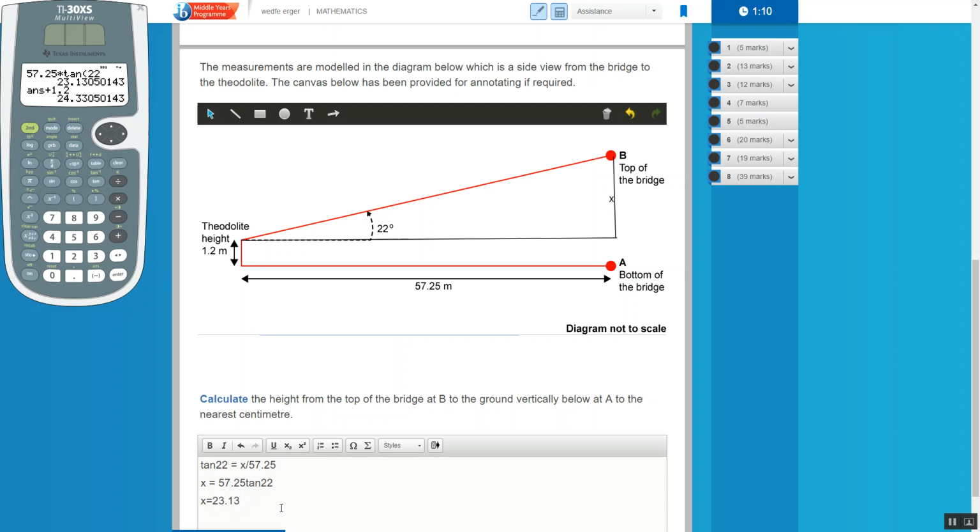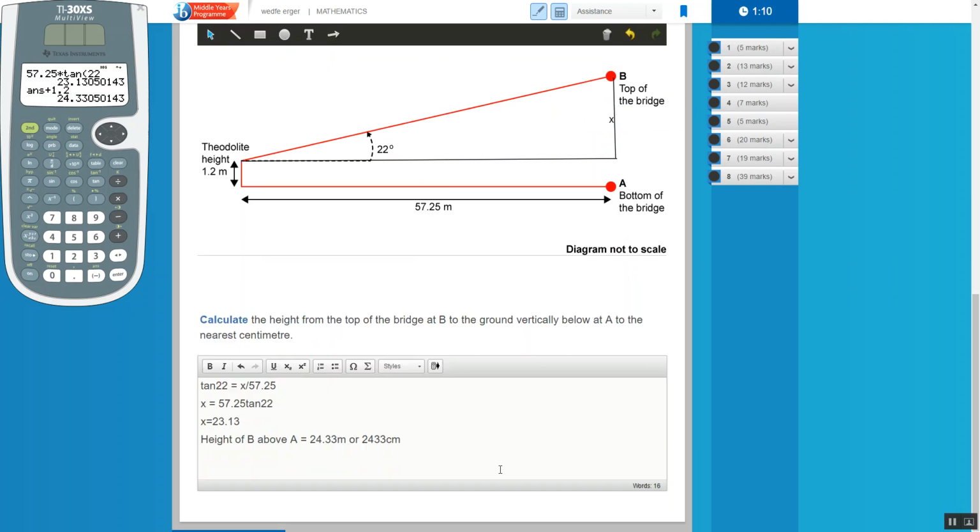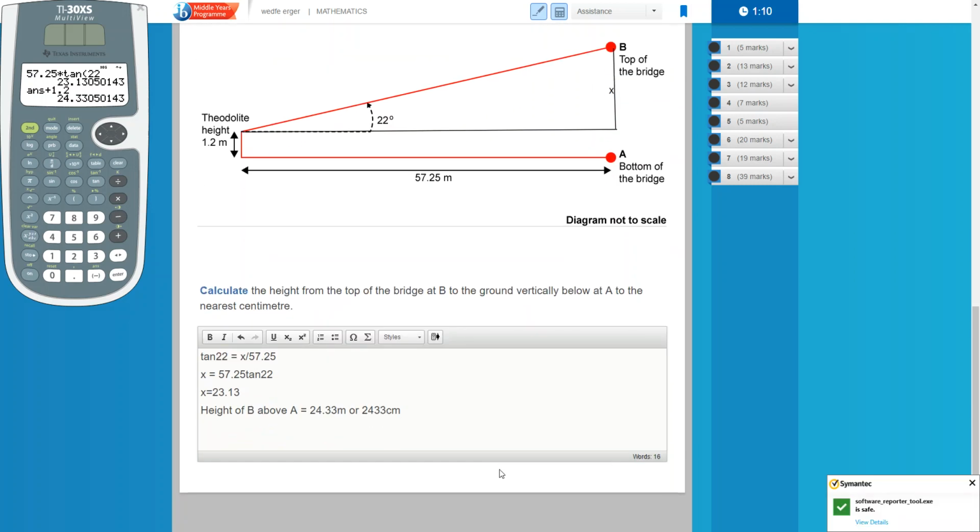So we get a height of E above the height is equal to 24.33 meters, or the nearest centimeter. Okay, so here we are, the nearest centimeter. Nice trig question.